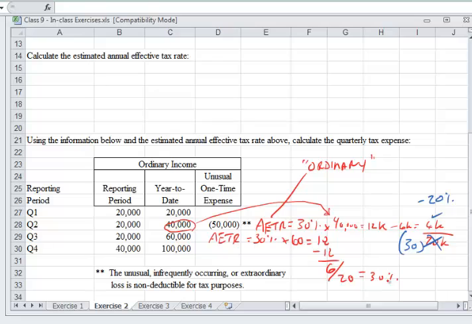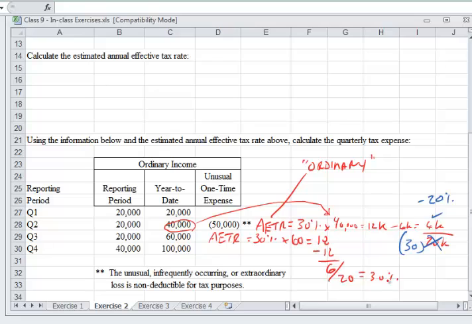Okay, so the moral of the story is our rate was totally normal in Q1, it's 30%. Our rate went crazy in Q2, went to negative 20%. And then our rate snapped right back to being normal in Q3. And the point is that when you have these discrete items, the effect is isolated to the quarter that you booked the discrete item in.